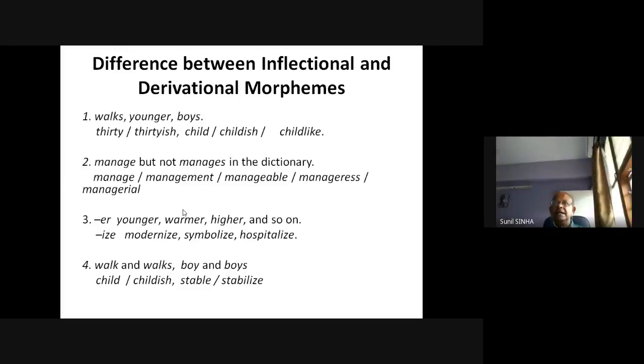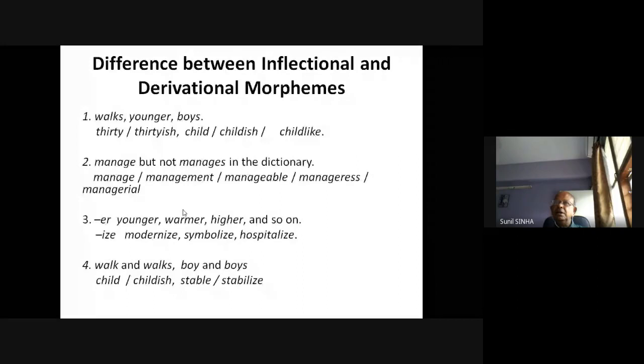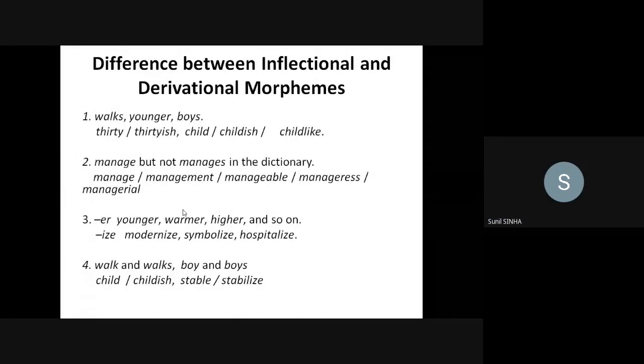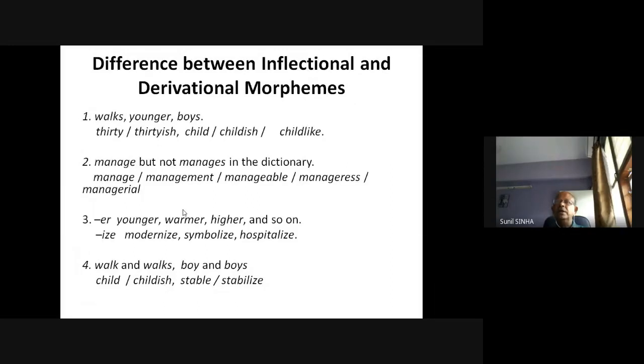That is the second difference. An inflectional morpheme does not create a new word, whereas a derivational morpheme creates a new word. Therefore, a word with an inflectional morpheme is not found separately in a dictionary, but a word with a derivational morpheme is found separately in the dictionary.